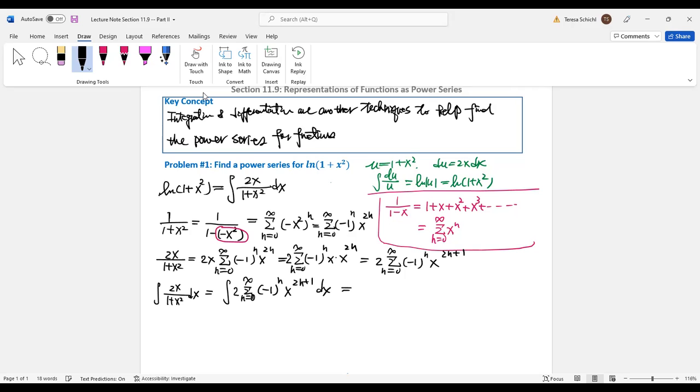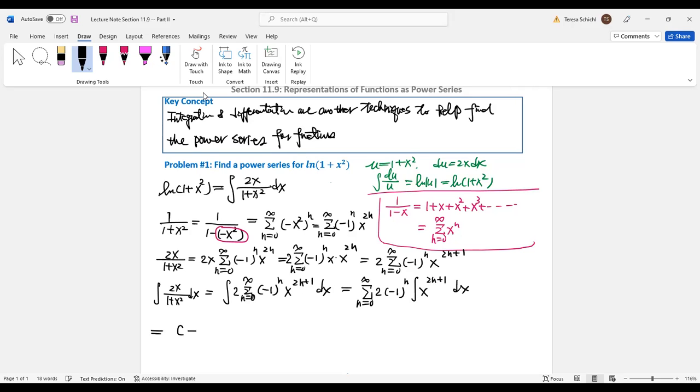Okay, so we move the summation sign out, n from 0 to infinity. The 2 and negative 1 to the nth power are all constants, right? So I move the integration sign inside, and it is x to the 2n plus 1 dx. Okay, so now I can find the integration.